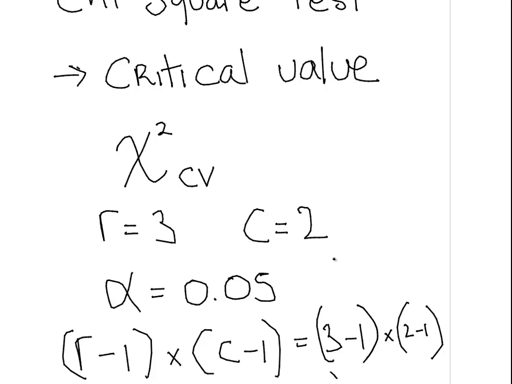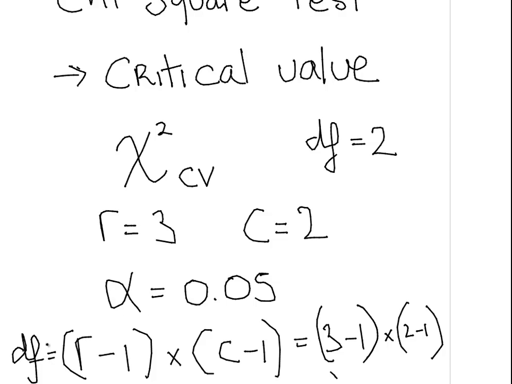So what we have there essentially is, I don't have any room here, so I'll just write that the degrees of freedom here is 2. So the degrees of freedom is 2 down here. That's the row minus 1 times the column minus 1.